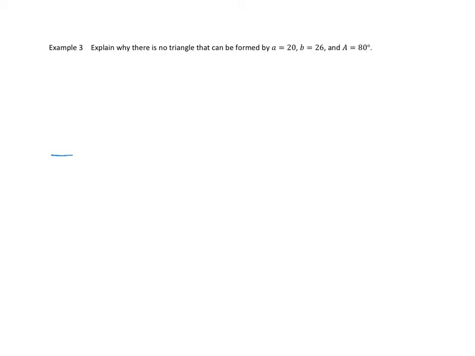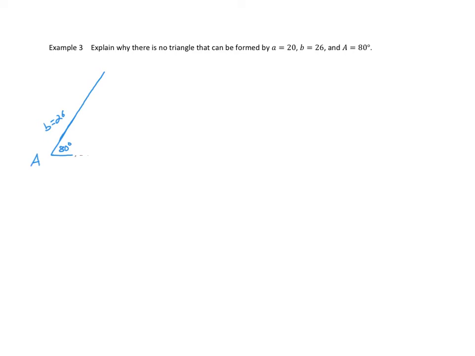So here's angle A. It's pretty steep, 80 degrees. And I'm told B is equal to 26. And that just means for my drawing, I'm going to go out some distance that I'm saying is 26. And now A is equal to 20. So that's this side here. It's a distance of 20.